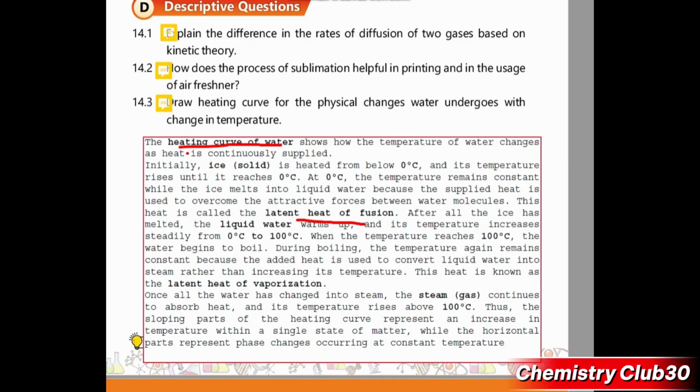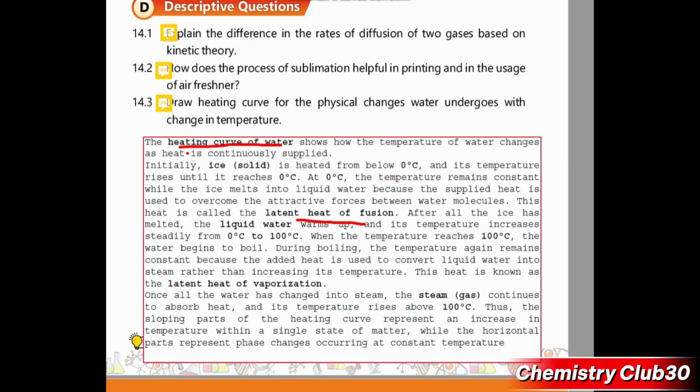After all the ice has melted, liquid water warms up and its temperature increases steadily from 0 to 100 degrees Celsius. When the temperature reaches 100 degrees Celsius, water begins to boil. During boiling, the temperature again remains constant because the added heat is used to convert the liquid water into steam rather than increasing its temperature.